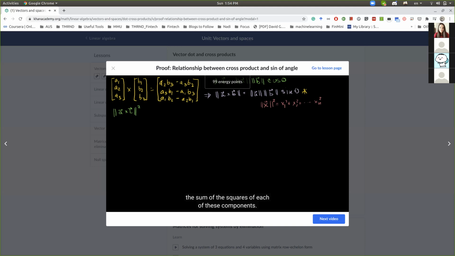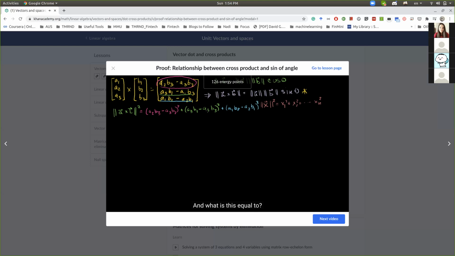So it's equal to this term squared, a2 b3 minus a3 b2 squared, plus this term squared, so plus a3 b1 minus a1 b3 squared, and then finally plus that term squared, so plus a1 b2 minus a2 b1 squared.